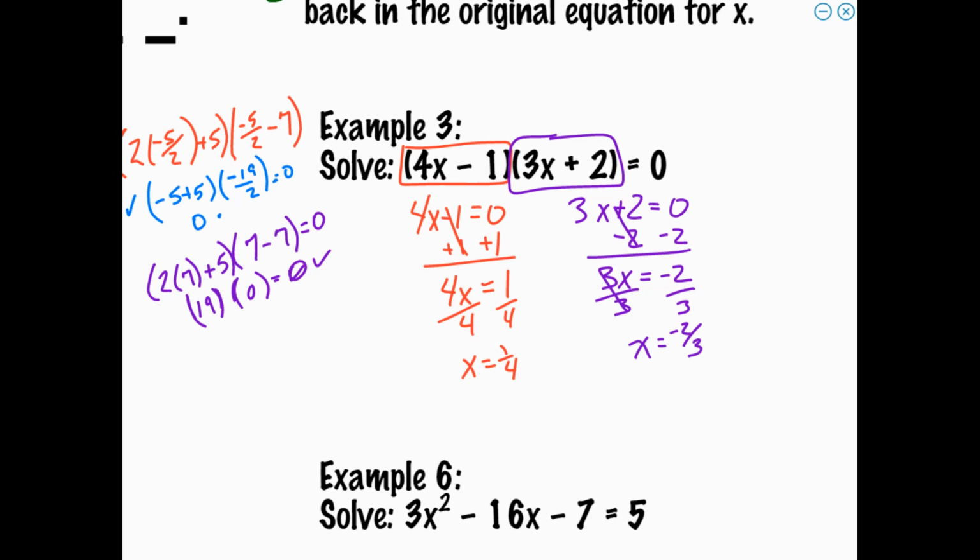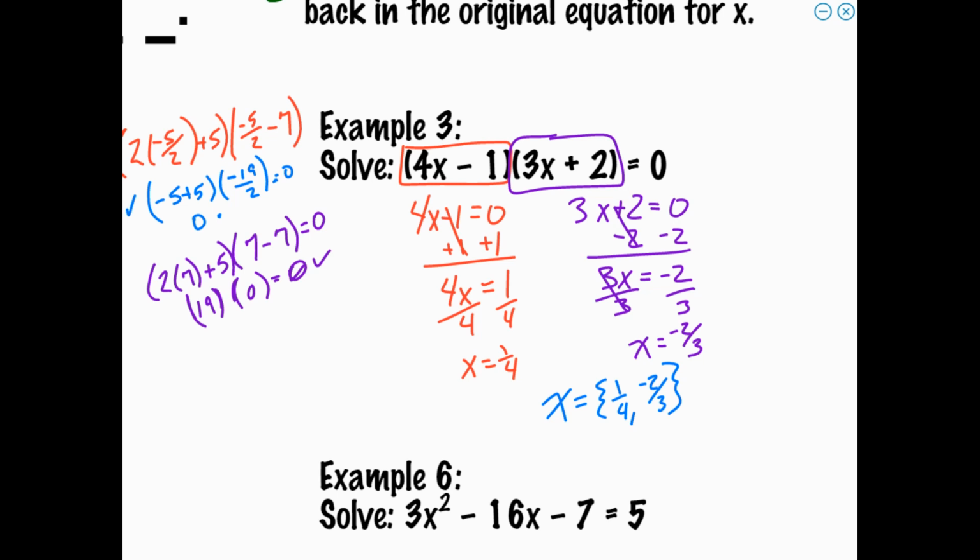Again, use your calculator to check your work. We're not going to have time in class to go through and check every single one of them. But use the calculator to check them. So we do get x equals 1/4 and x equals negative 2/3.